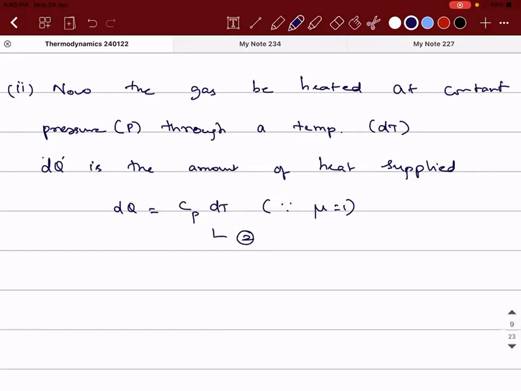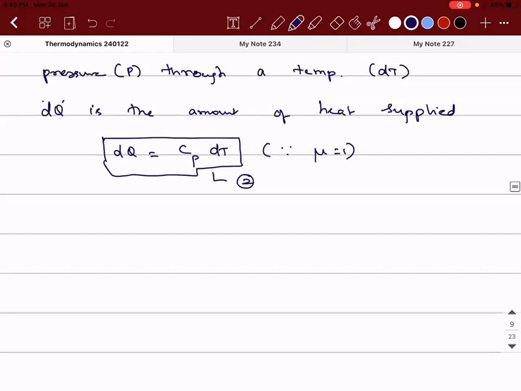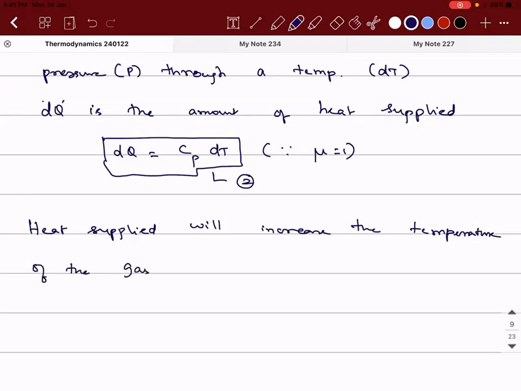So the amount of heat supplied is this much value, but what is this heat doing? The heat is also causing some change in volume, right? That is, it is creating some amount of work as well. So how am I going to write this? See, heat supplied will increase the temperature of the gas by dT and volume by dV.